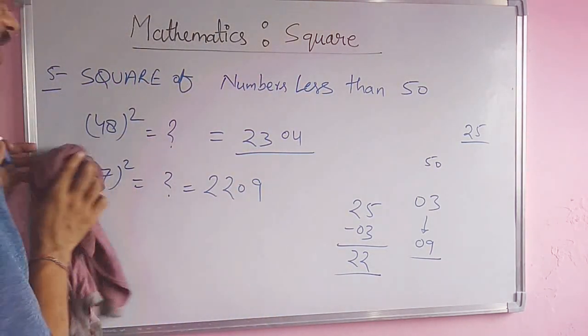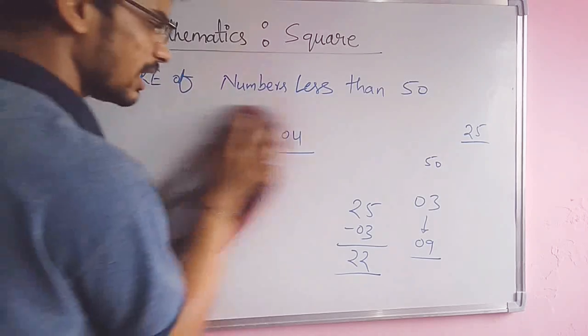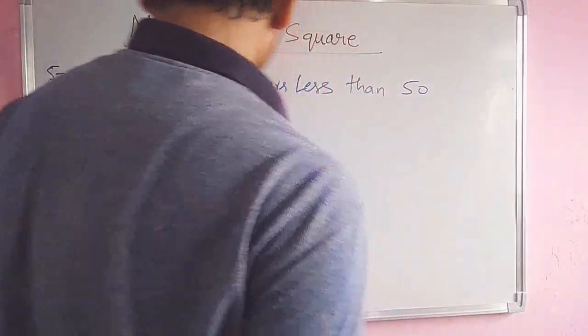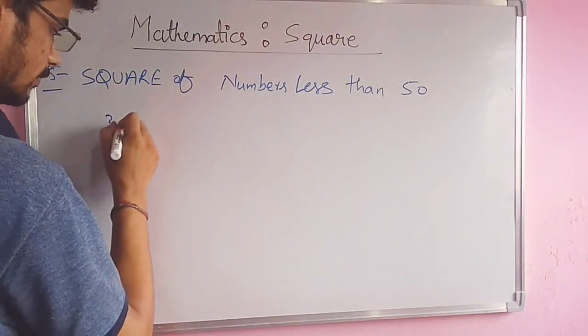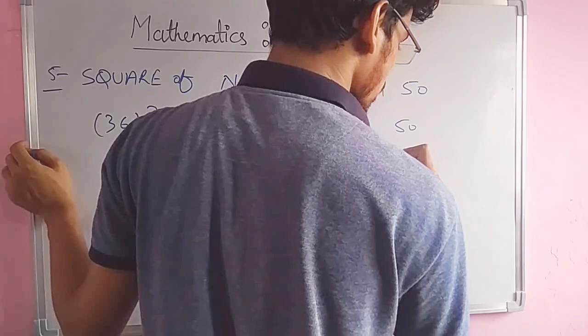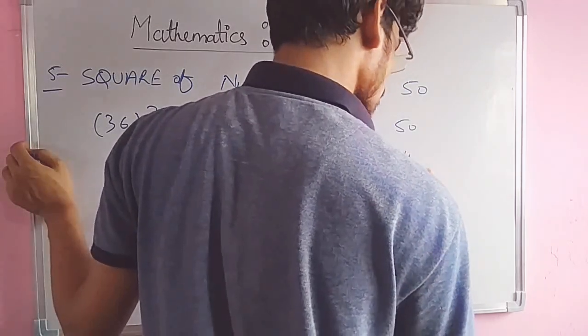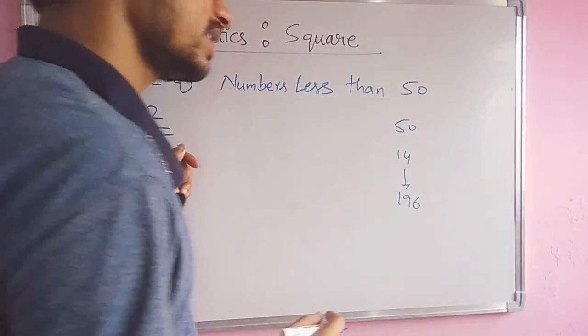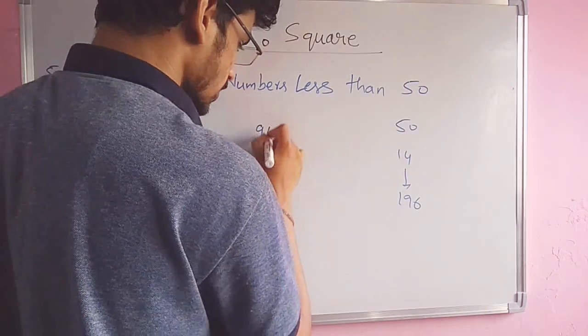If we want to calculate the square of 36, let's see how. 36, how much is it less than 50? It is less than 50 by 14. The square of 14 is 196. Here we keep 96.